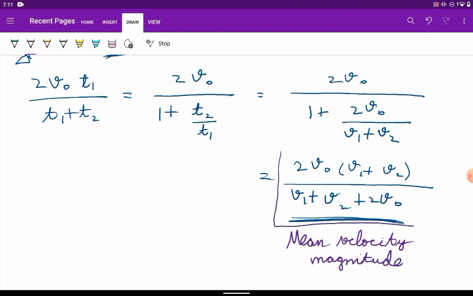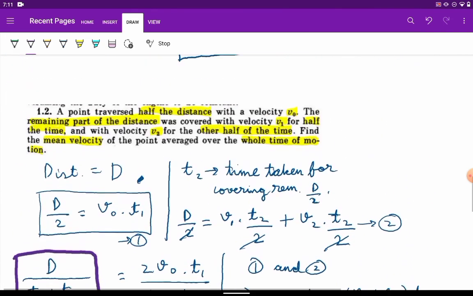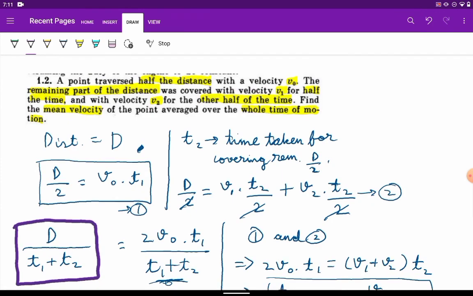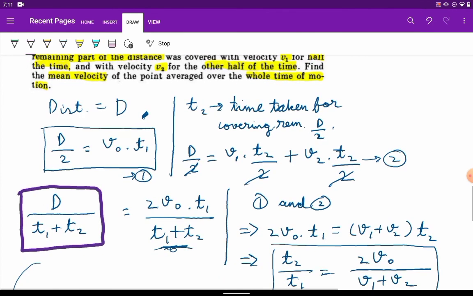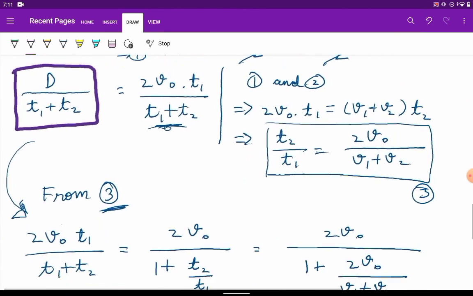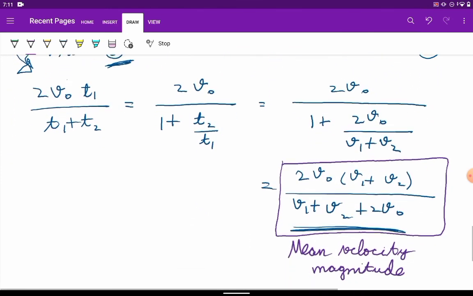So this is the answer, and you can check it with the Irodov solutions. The answer, 2 v naught (v1 plus v2) by 2 v naught plus v1 plus v2, matches. This was a simpler question, and this is how it is solved. Thank you.